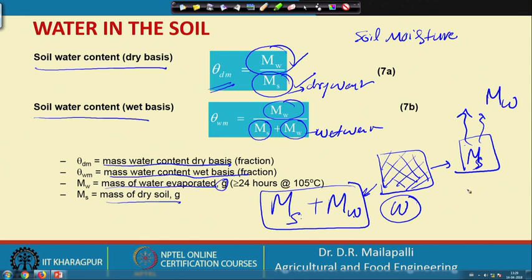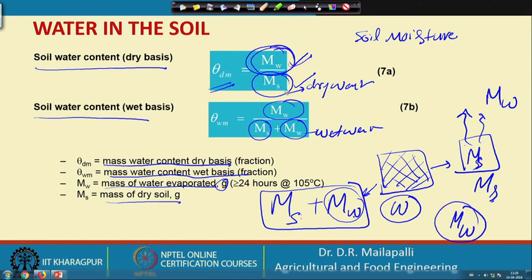So, it is simply the ratios. If you want to get the soil moisture content on a dry basis, knowing Mw, how do you know Mw? When you weigh after drying, you get only Ms. So, the total minus Ms will give Mw.